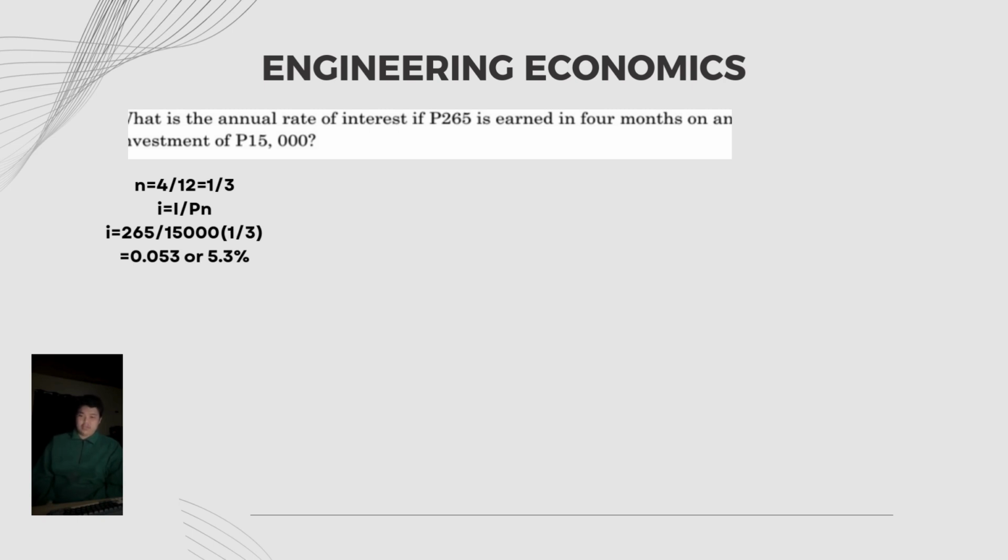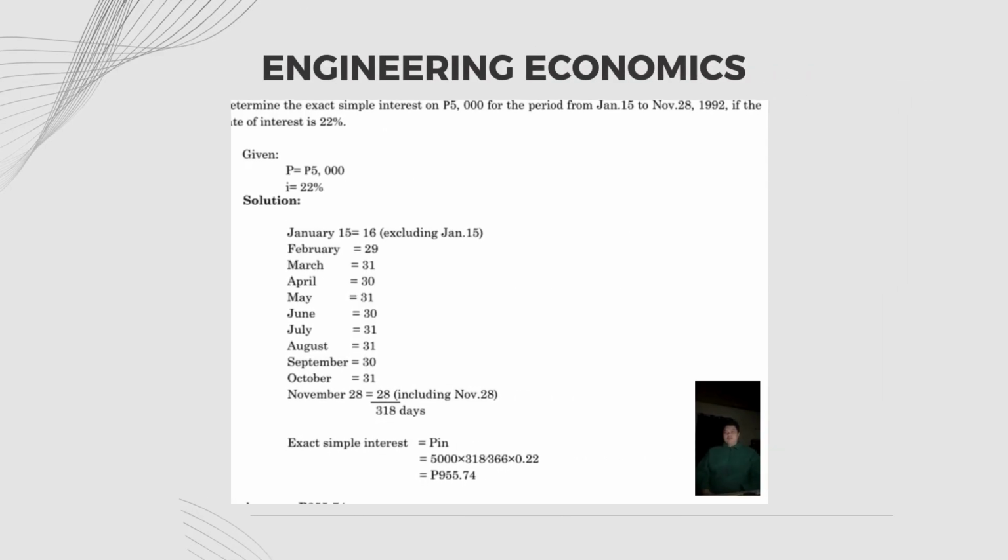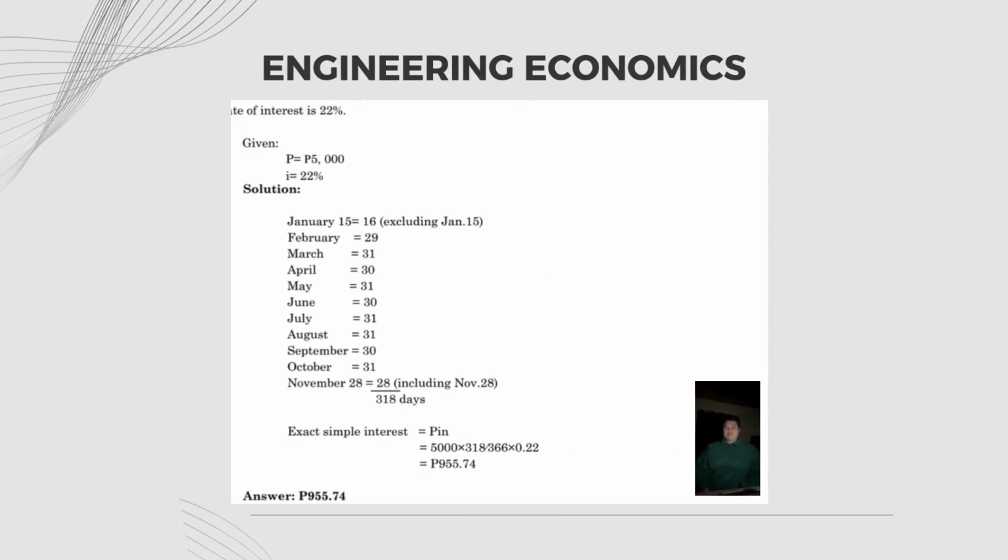Determine the exact simple interest on 5,000 pesos for the period from January 15 to November 28, 1992, if the rate of interest is 22%. For the given principal, we have 5,000 pesos, and the interest rate is 22%. For January, excluding January 15, until the end of January, we have 16 days.